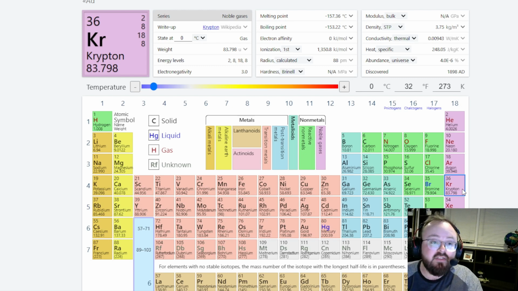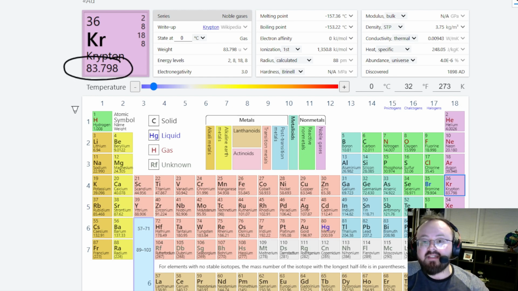And as it turns out here, the atomic mass perfectly helps us understand the relationship between the mass of an atom and what is called the molar mass. So let's take, for example, this krypton here. What does this number mean? Now, when we talked about this in terms of atomic mass, we said the atomic mass is therefore going to be 83.798 atomic mass units.